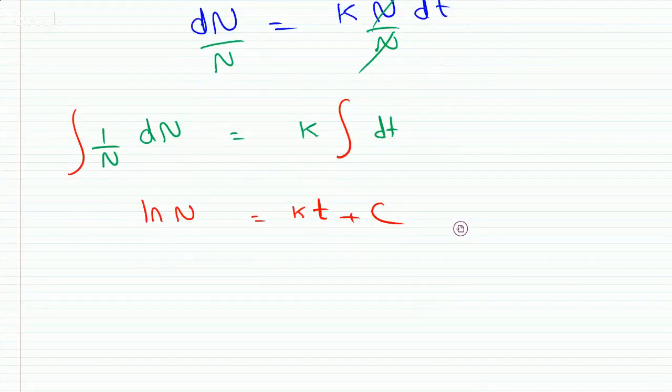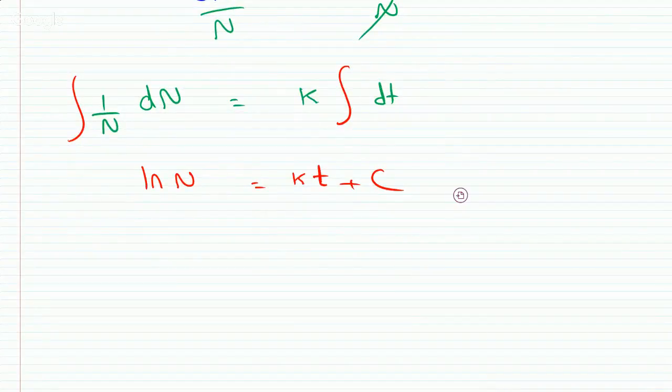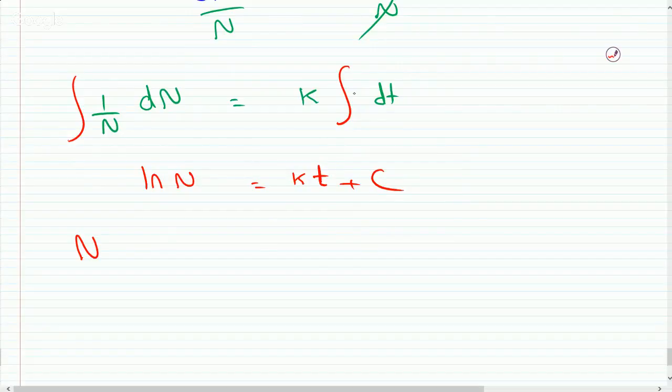And then let's say we start with N at 0 equal to N0. It doesn't specify, so let's just say N of 0 equals N0. Whatever N0 is doesn't matter.